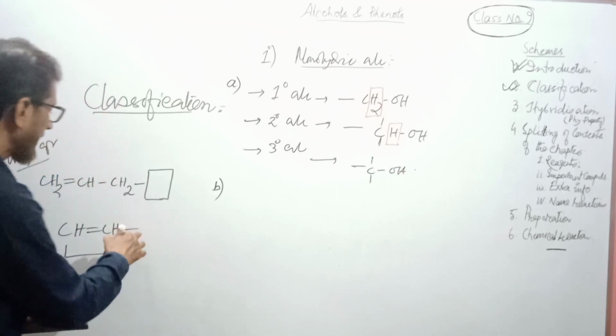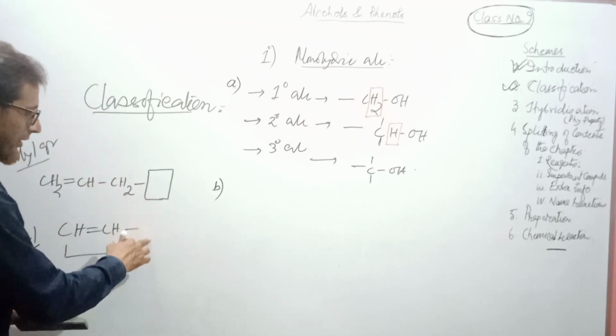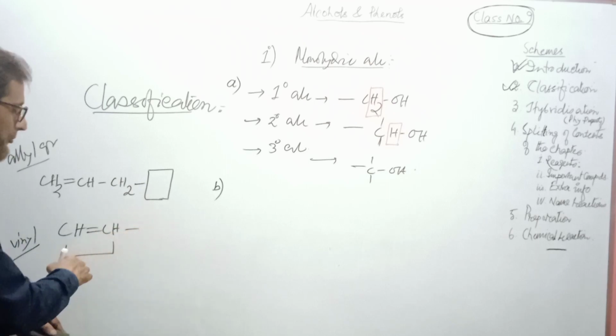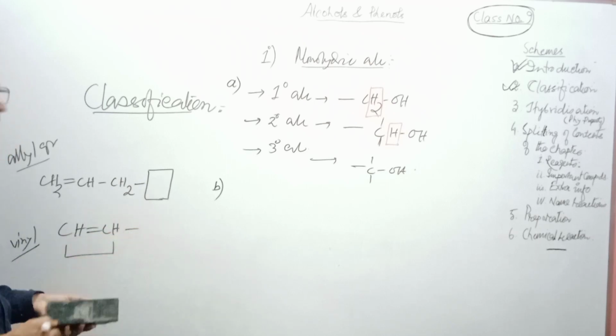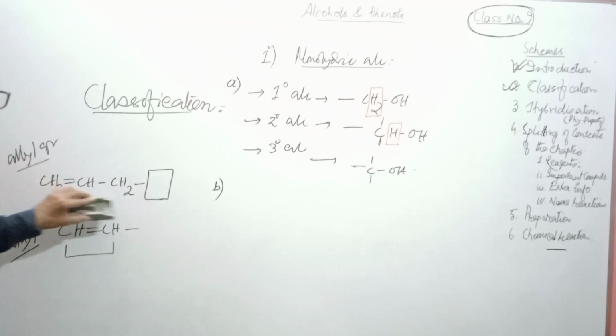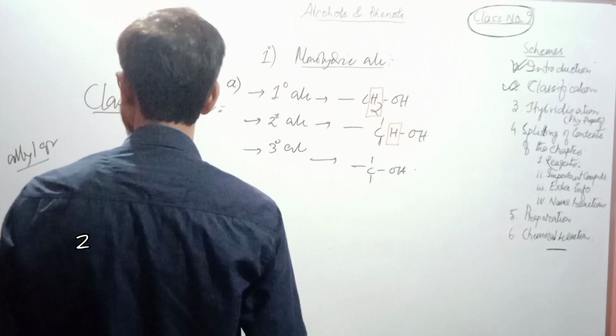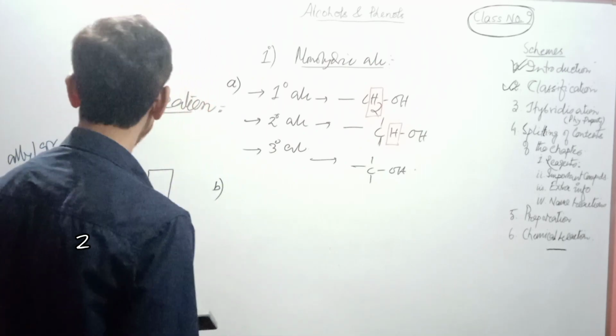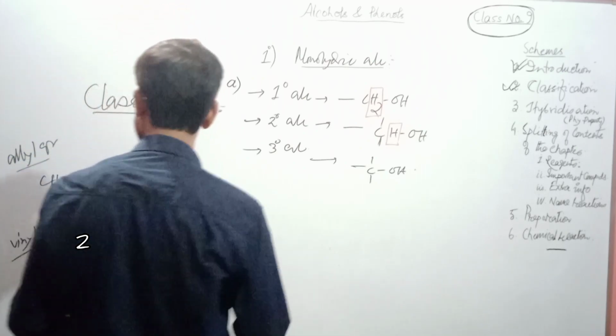With OH or halogen, fluorine, chlorine, you get vinyl alcohol, vinyl chloride. Depending upon this group, allyl, very famous group, alcohols are classified as 1 degree, 2 degree, 3 degree.